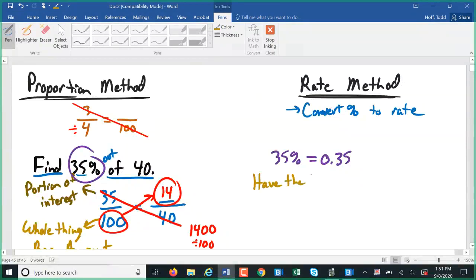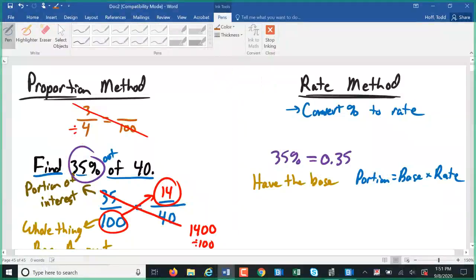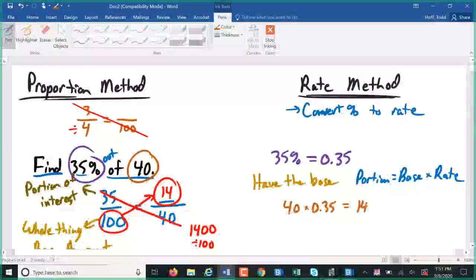Now, if we have the base, the calculation is the portion equals base times rate. So here we have our base was 40 times our rate of 0.35. 40 times 0.35 is 14.